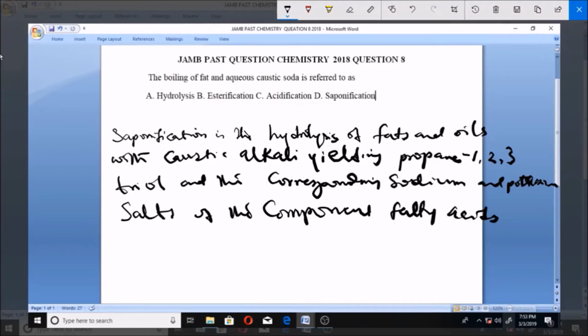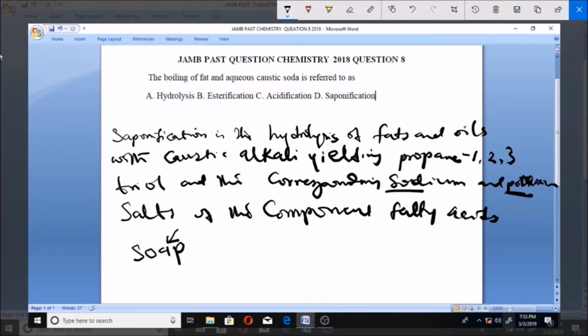So saponification is actually used in soap production. The salts of these are sodium and potassium. They are actually the major components of the soap. So we use saponification for soap production.